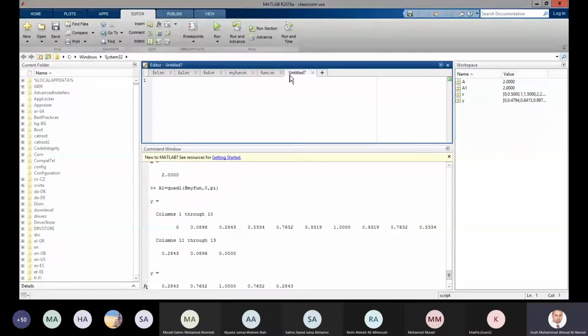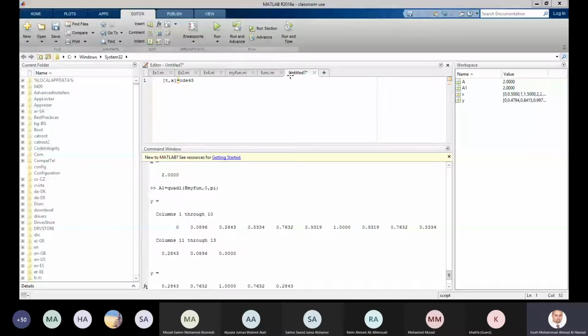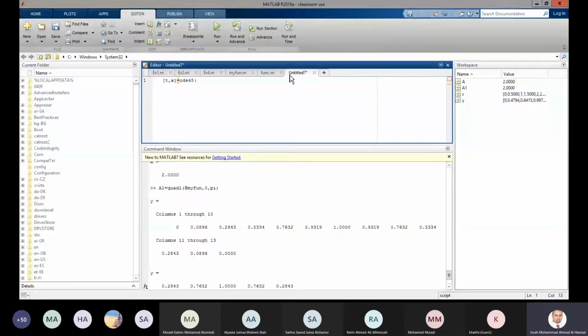First, I need to define t and x equals ODE45 for the function that I have just defined, func. We call it func, correct?